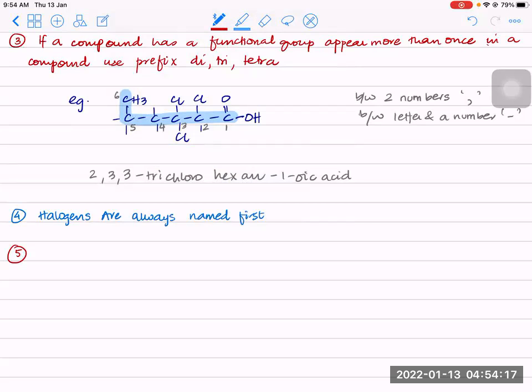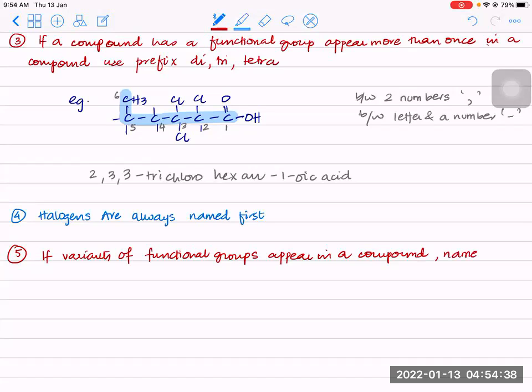If variants of functional groups appear in a compound, and I will just explain what that means, name them in alphabetical order.